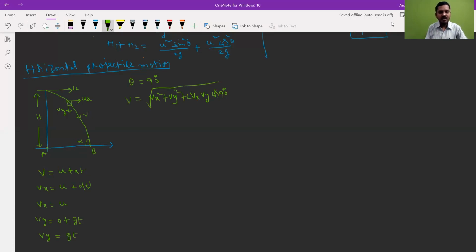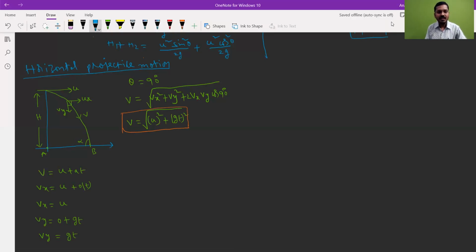Substituting the vx value and vy value in this equation, the velocity v is equal to the square root of u square plus g t whole square. This is the resultant velocity of vx and vy. With this velocity, finally, the body reaches the ground level.